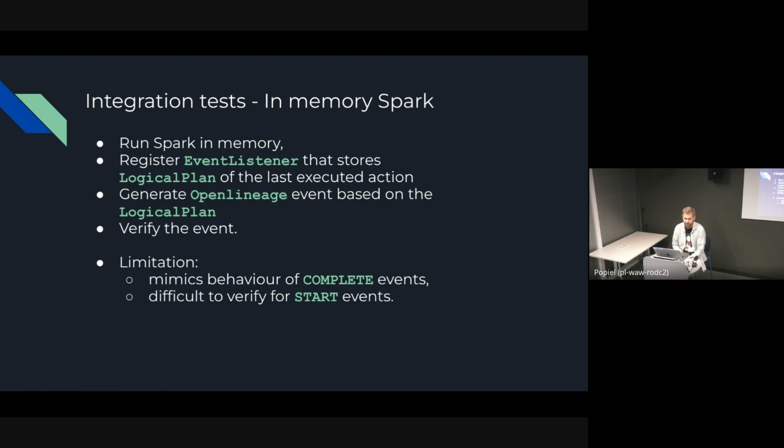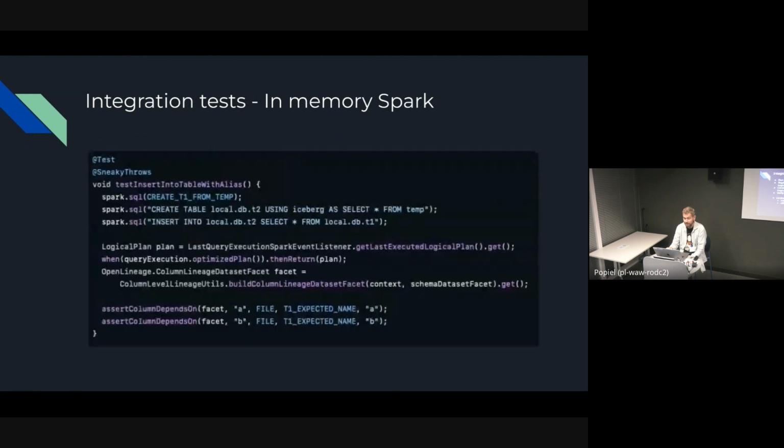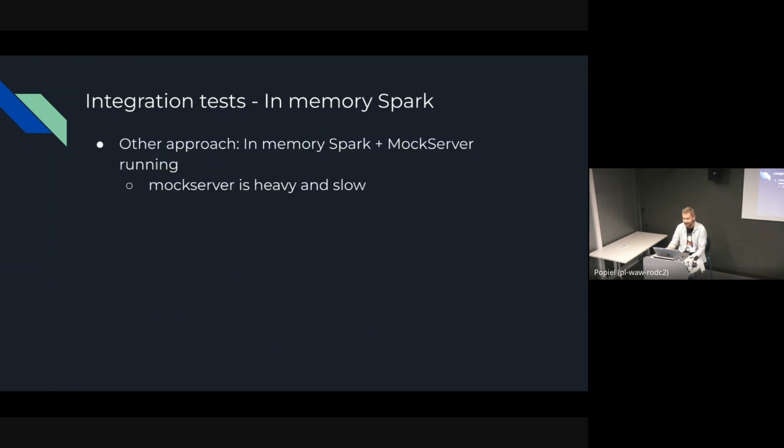The limitation here is that it mimics the behavior of the complete events, because we just get the last logical plan, and it's difficult to verify the start events. I bet you don't see the code, but it's not important. You can go back to this once you see the recording.